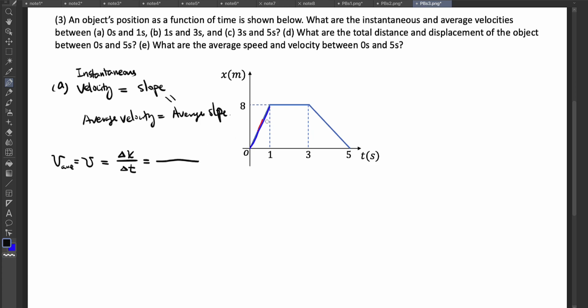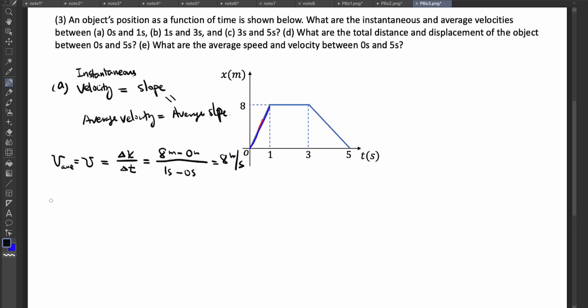Delta x refers to 8 meters minus 0 meters, and the delta t here refers to 1 minus 0. So we get 8 meters per second as both the average velocity and instantaneous velocity throughout this time interval.